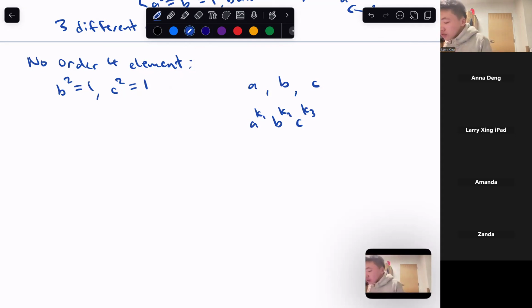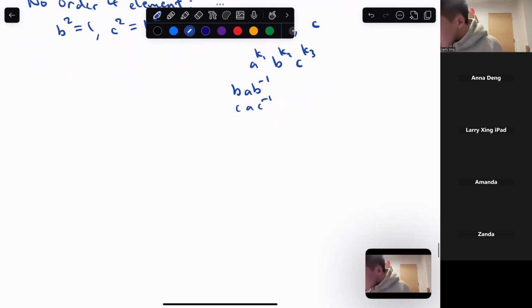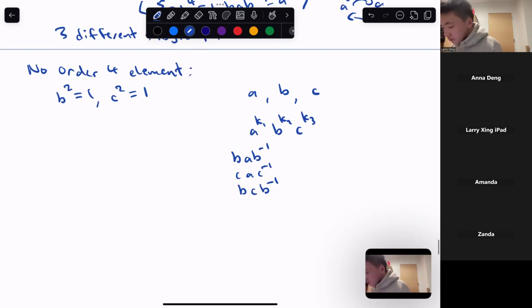And now we need to define a way to get all of the a's in front of all of the b's. So essentially, we need to define conjugation. We need to find BA, B inverse. We need to define CA, C inverse. And we also need to define BC, B inverse.